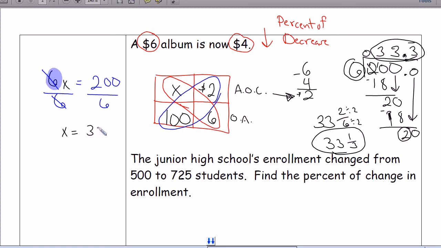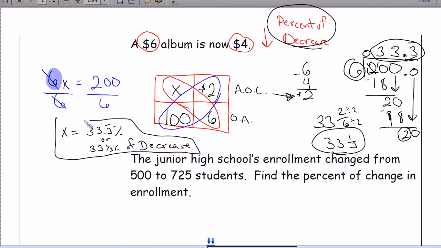So x is equal to 33.3 repeating percent, or 33 and 1/3 percent. And remember, this is a percent of decrease, so I need to label it as percent of decrease. And that's my final answer for this problem.